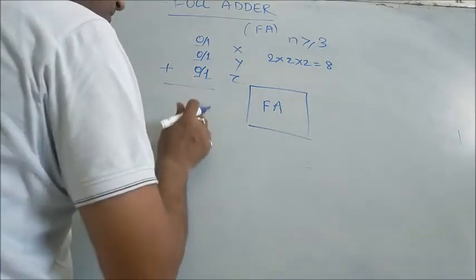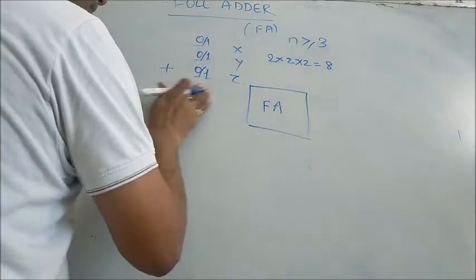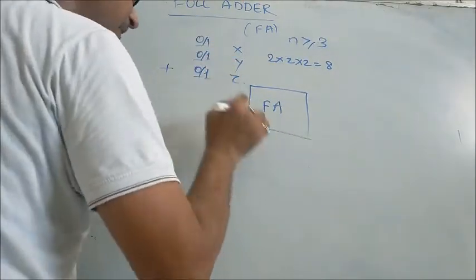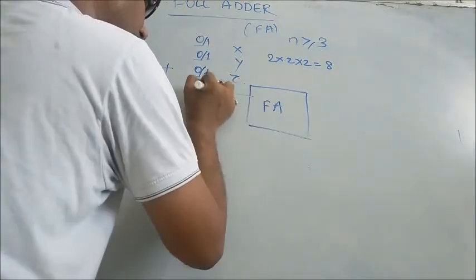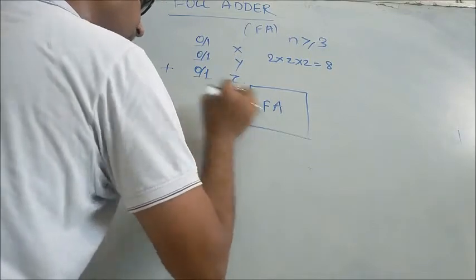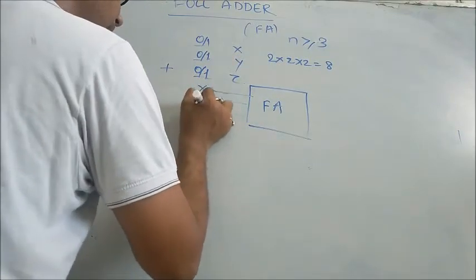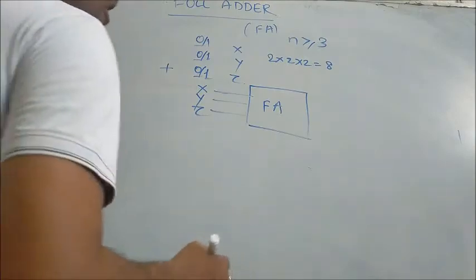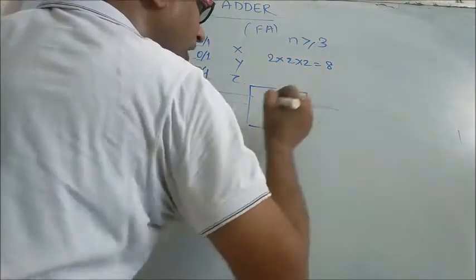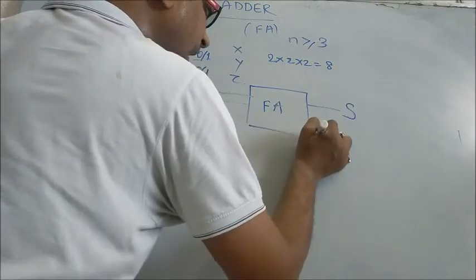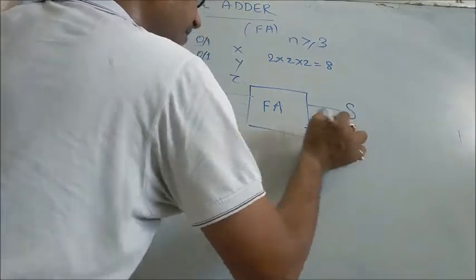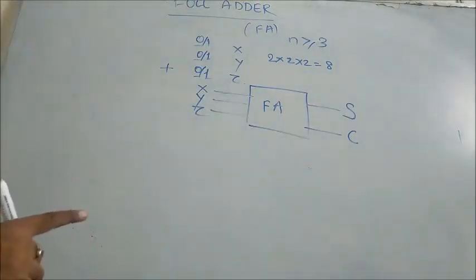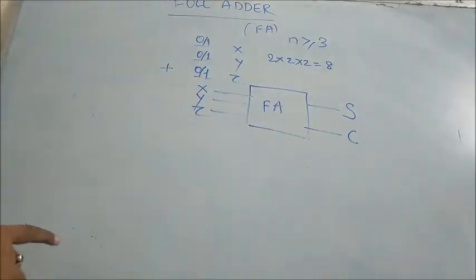How many inputs are there? We have at least 3 inputs. Right now I am taking just 3 inputs: this is your x, this is your y and this is your z. Next, how many outputs will there be? Output will always be 2. This will be your S, S for sum, and this is your C, for carry.